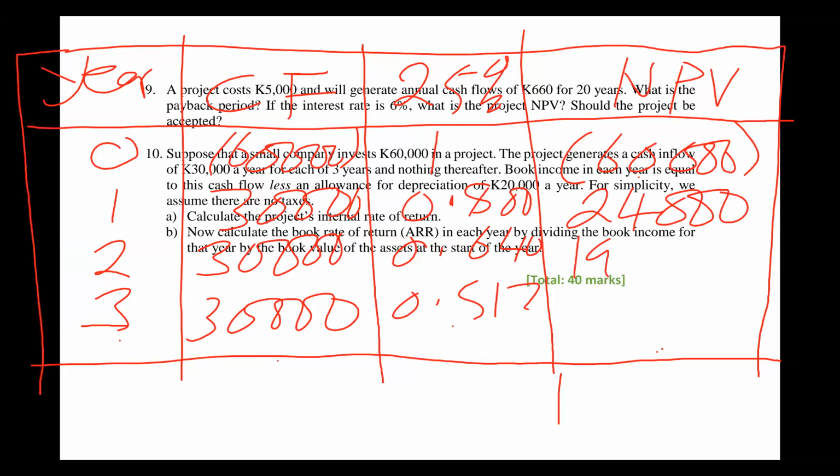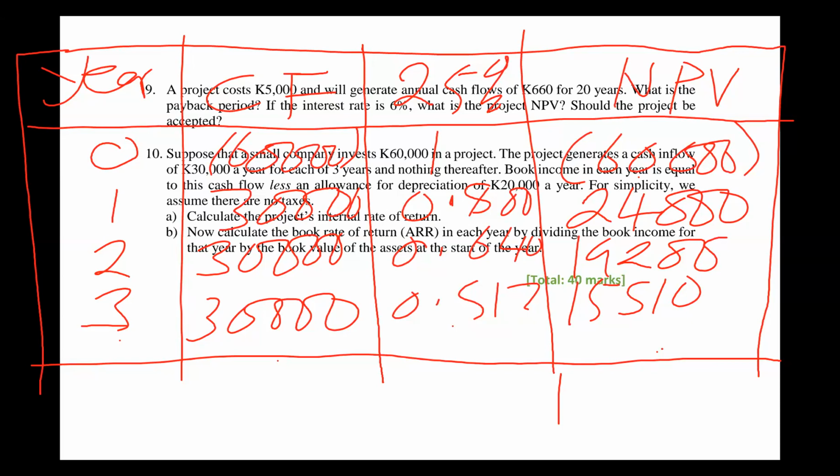Okay, what about the other one? 15,510. Let's add them together and see what happens. We have negative 1,290. At least better, isn't it?